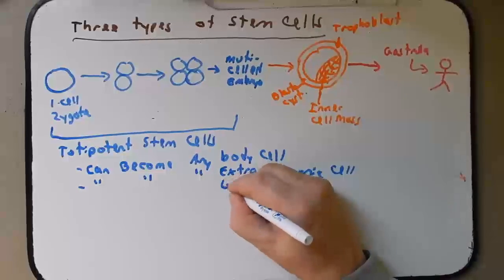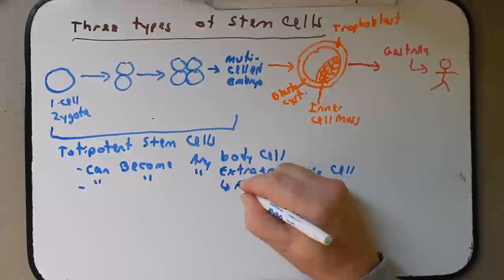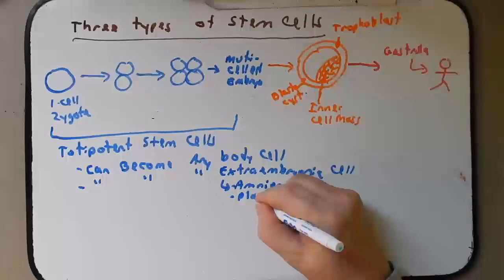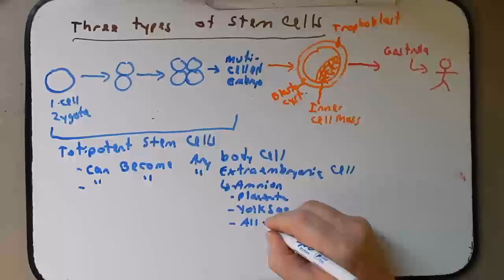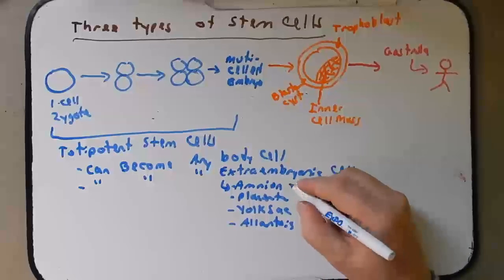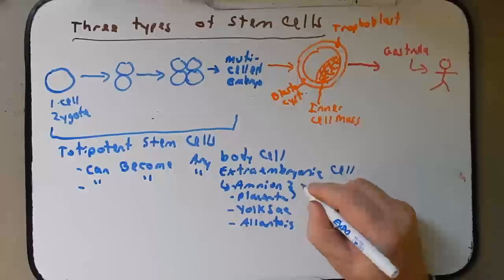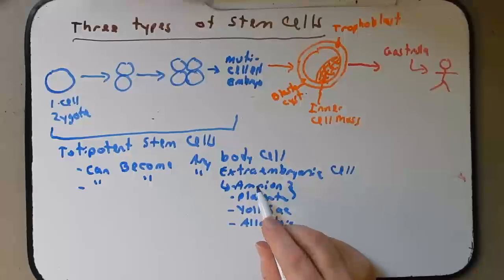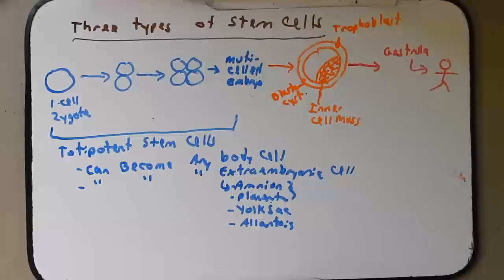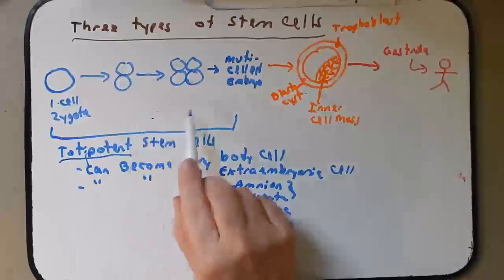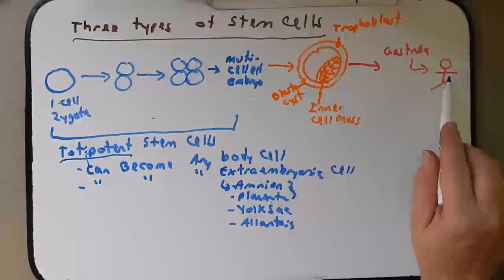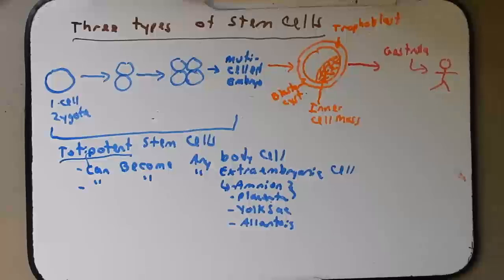These are the cells that make up the amnion, the placenta, something called a yolk sac, and something called an allantois. I would like you to remember that the extra embryonic cells make up the amnion and the placenta. So they have total potential, totipotent, to become any cell, either in the body or the extra embryonic cells.